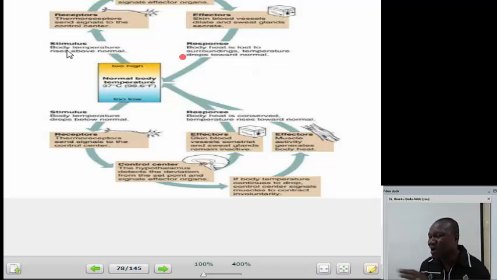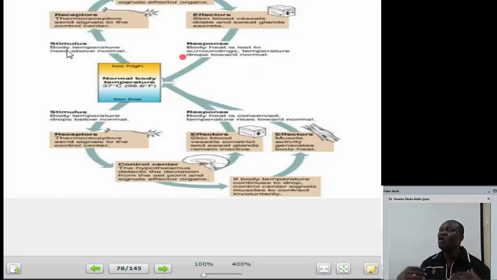Now, another parameter that we can look at is the blood sugar level. Whenever we eat, food is broken down and the end products are absorbed. So sugar will be absorbed. And the plasma sugar has a set point.